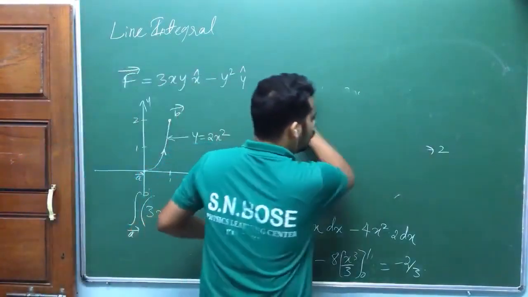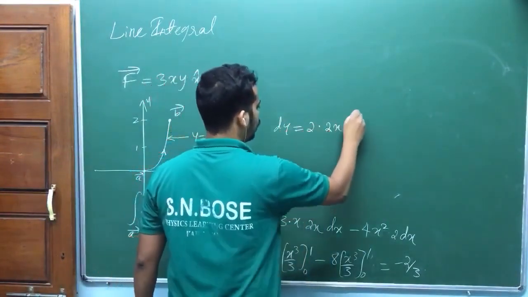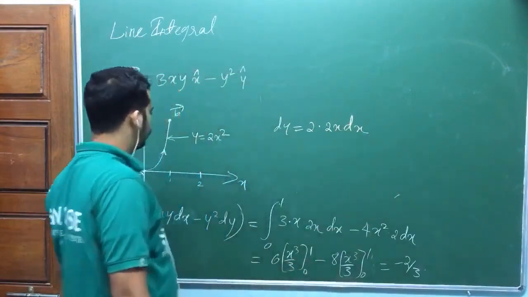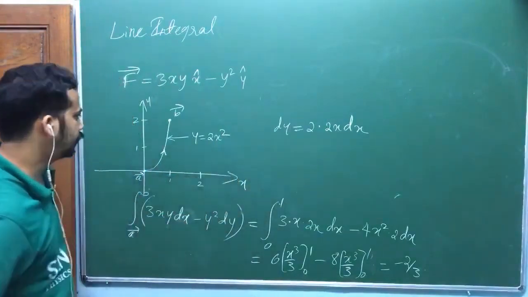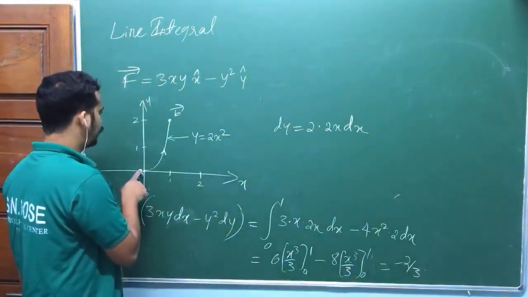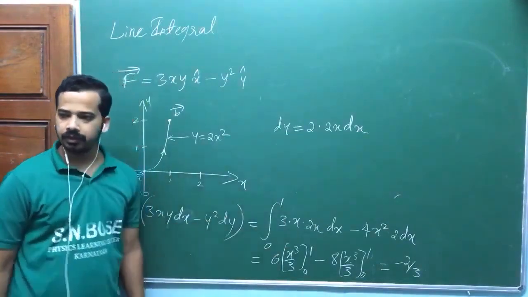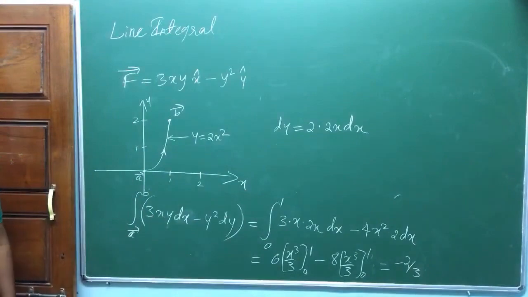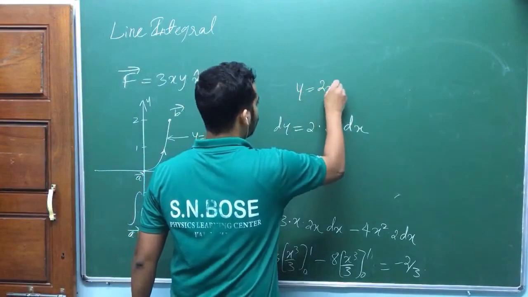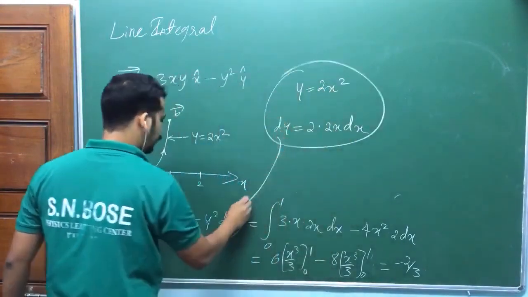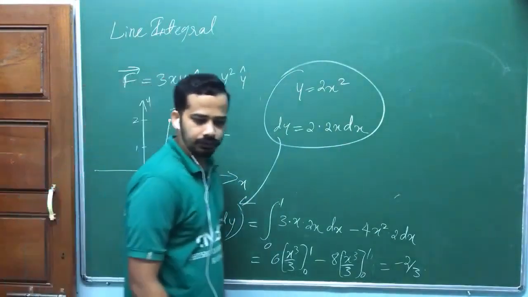Define dy, isn't it? What is dy here? Dy is equal to 2 into 2x dx, isn't it? And just using that one, substitute that one. Y will vary from 0 to 2, or x will vary from 0 to 1. Either convert that one into x variable or y variable. Is that okay? So y is equal to 2x square. Substitute these two into this equation and convert that one into single variable integration. That's how we do.